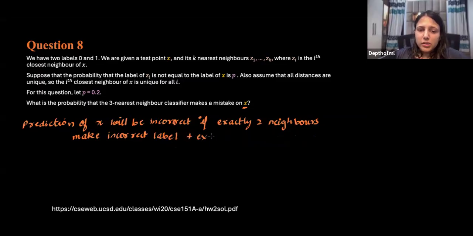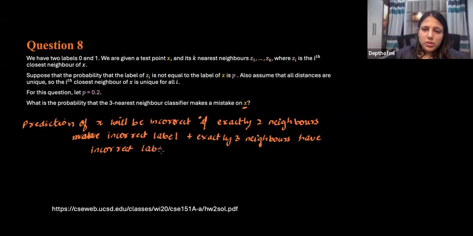Plus exactly 3 neighbors have an incorrect label. Correct? Can we do this now?